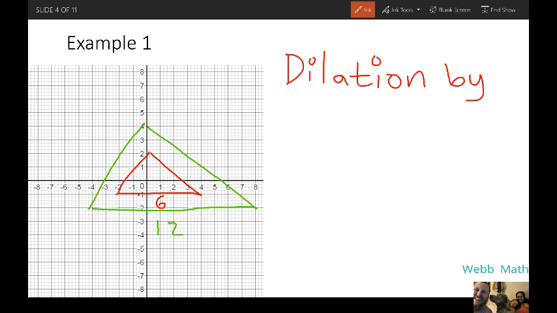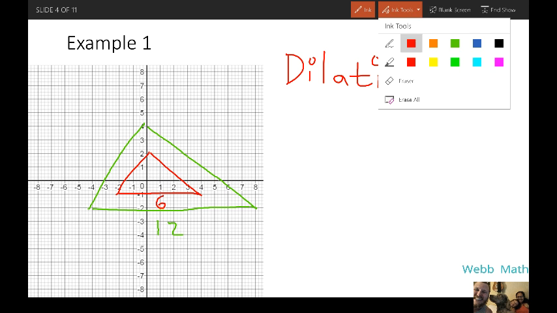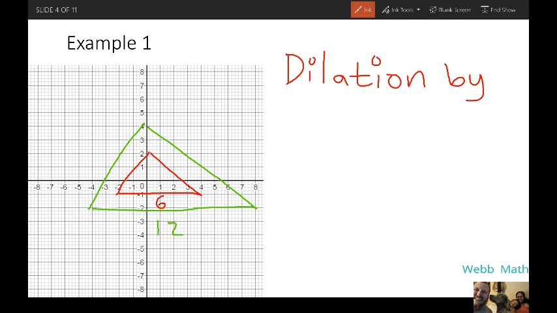You went from 12 to 6, and they look similar. Everything is kind of the same, just a little bit smaller. So our scale factor here, remember k could represent scale factor, so k equals 1/2. And it looks like both are similar.